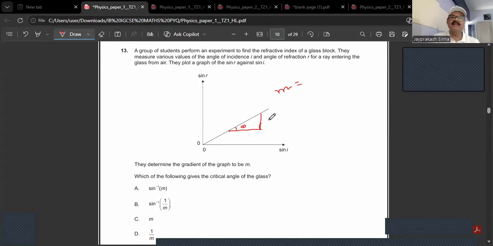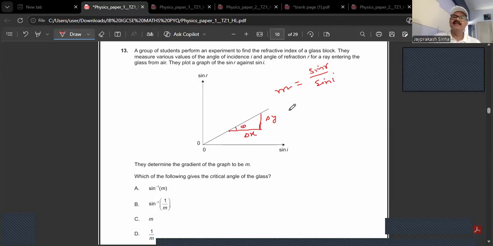From here we get sine R upon sine I. If this is delta y and this is delta x, then tan theta is equal to delta y upon delta x, in other terms you can write sine R upon sine I.